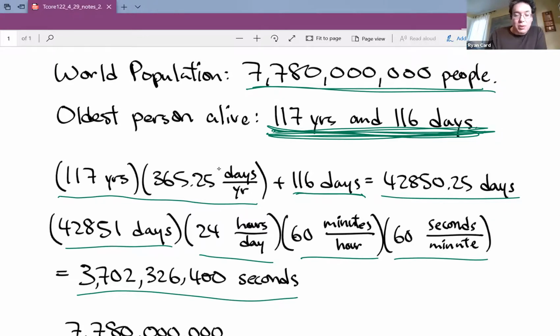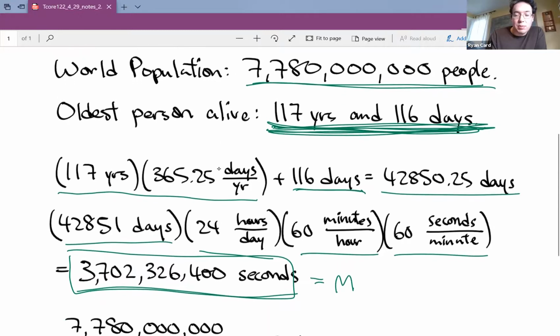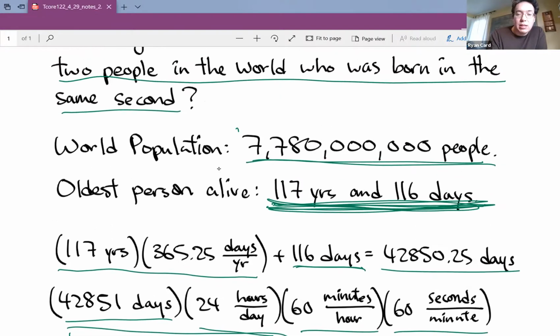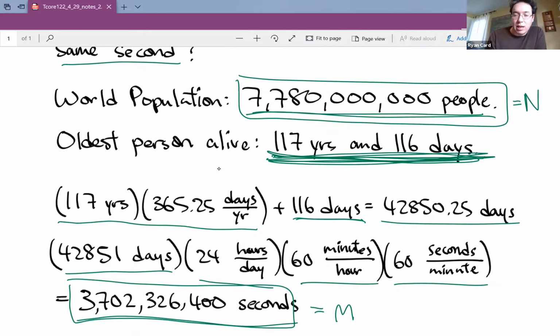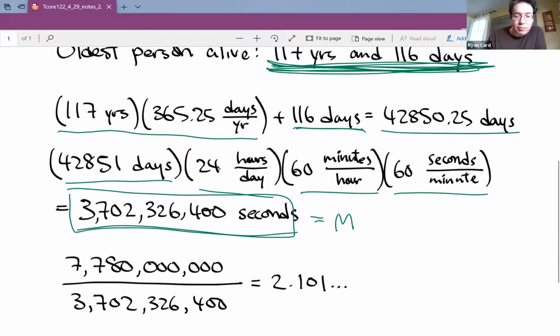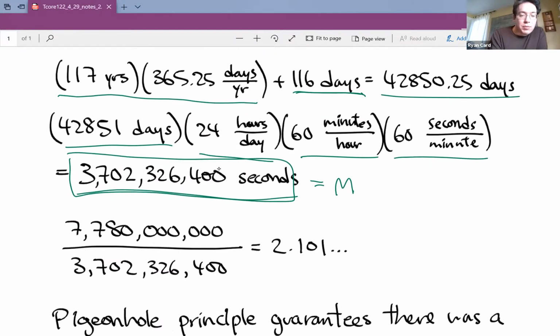Okay, so think of this as the number of categories. That's your m in the pigeonhole principle. And this is the number of people that we're dividing up into this many categories. So we count how many times this goes into the world population. If you take the ratio, you'll get a number something like 2.101 and so on.